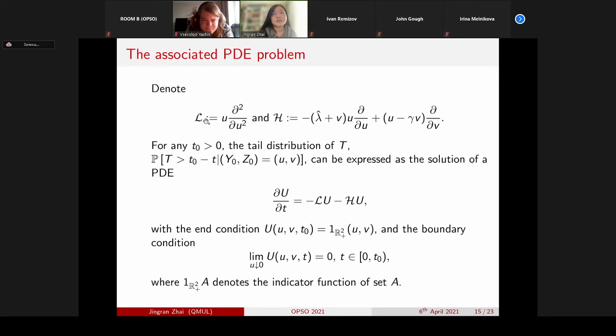Here we see that the operator in this PDE consists of a second order part, which is actually associated with the square Bessel process of dimension 0, and a first order part, which we denote by L and H respectively. This motivates us to consider H to be a perturbation added to L.